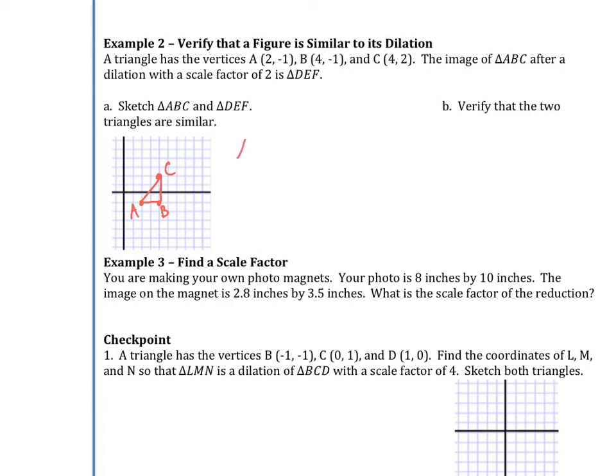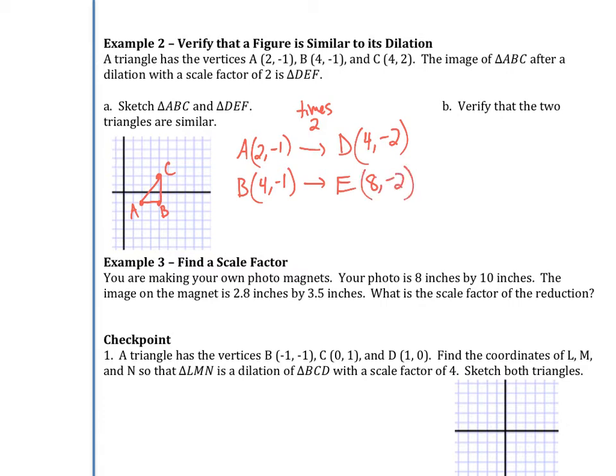So what that means is you take A and you multiply it by 2 to get D. So times 2 would be (4, -2). If we have B, which was (4, -1), you multiply it by 2 to get E, which would be (8, -2).